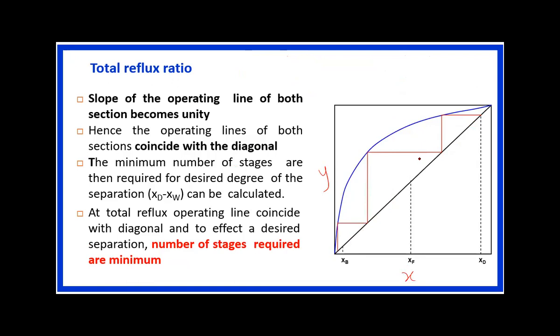So generally the XY diagram is like this. And when we are talking about the total reflux condition, for calculation of the number of theoretical stages with the help of the McCabe-Thiele method, there are two operating lines, that is the operating line of the rectifying section and the operating line of the stripping section.